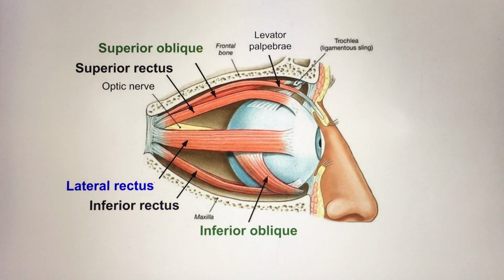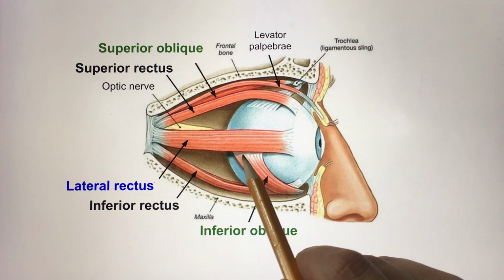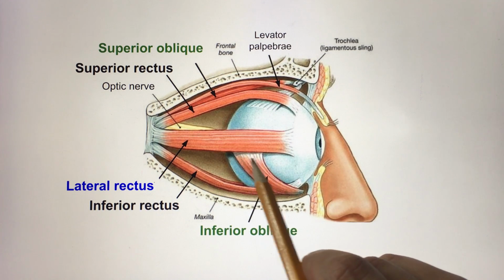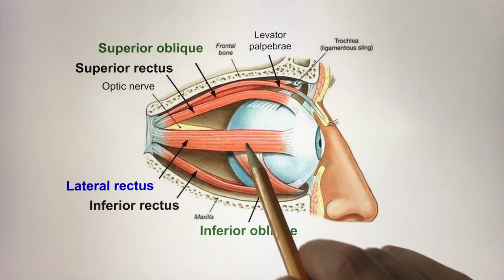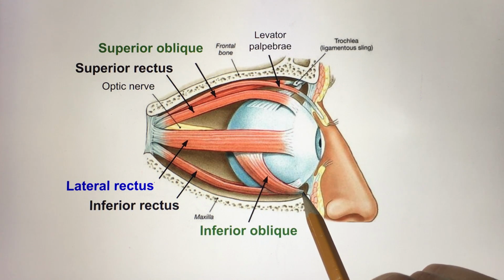Here's another picture of this muscle. So the inferior oblique muscle is connected to the lateral side of the eyeball under the lateral rectus muscle, and then it bends under the eyeball and connects to the eye socket under the eyeball closer to the nose, so the medial side of the eye socket.